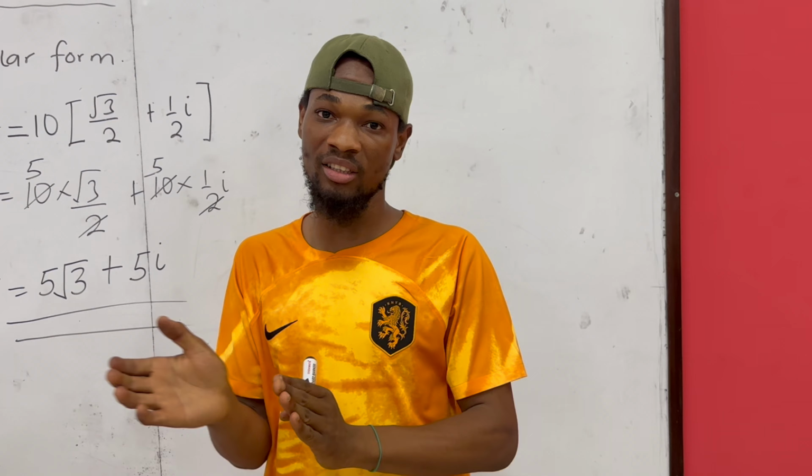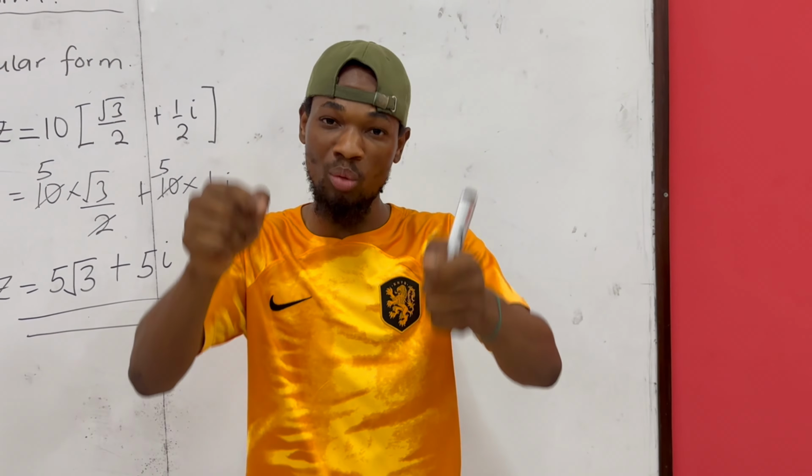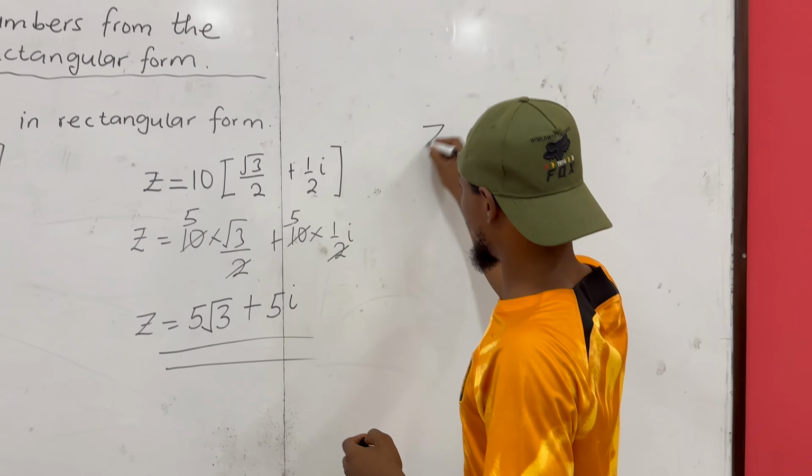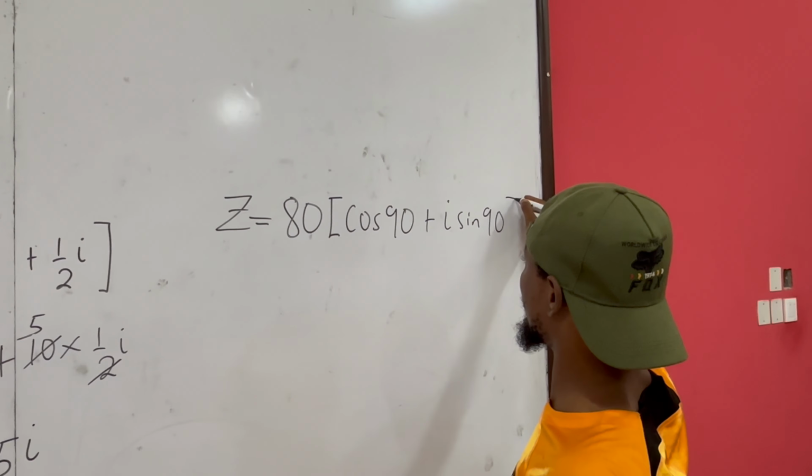Okay, viewers, take note of this. Whenever you leave your answer in the polar form and you don't indicate your degrees in the argument side, we assume you are working in radians. For instance, I have z is equal to 80 multiplying cos 90 then plus i sine 90.